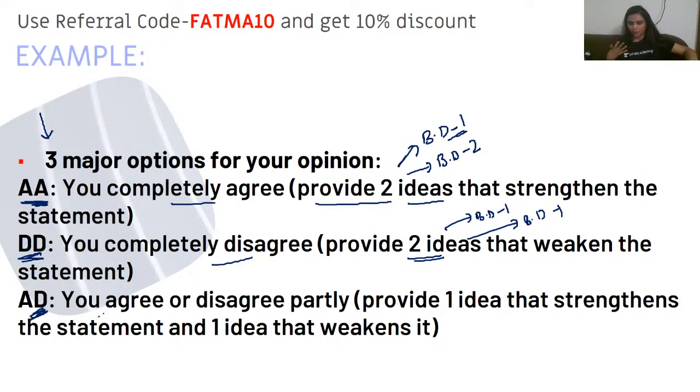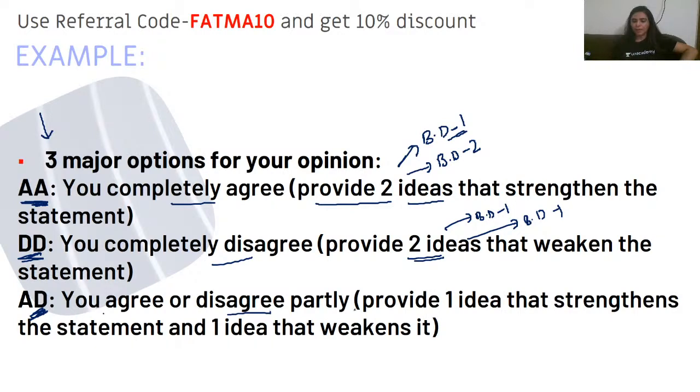Now जैसे ideally opinion essay में you talk about either you completely agree, so both the paragraph you're writing on agree, or both disagree, you're writing in both the paragraphs what you disagree. Now since this is your point of view, you have to talk about both the sides, right? You agree or disagree partly.